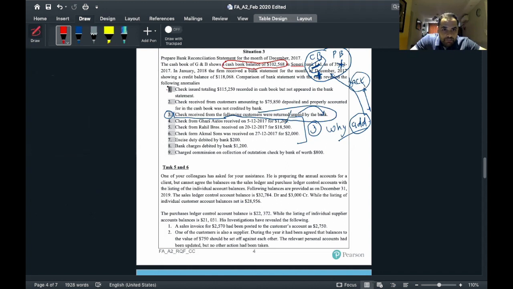There is a relation between transaction 1, wait, let me check a minute.